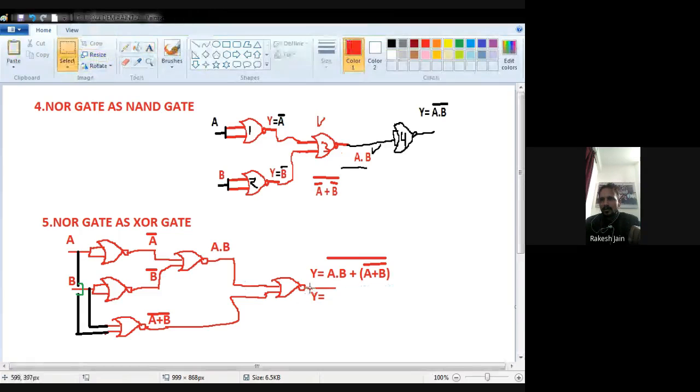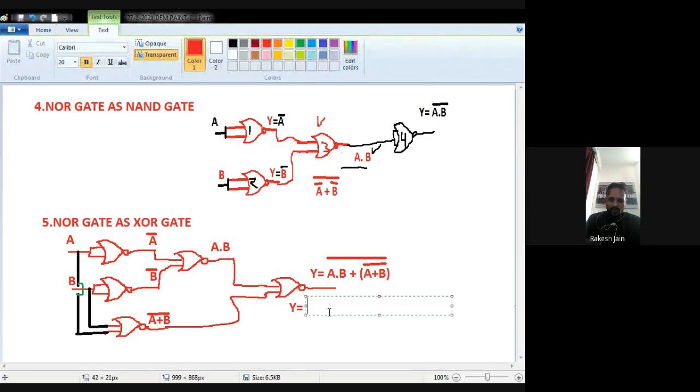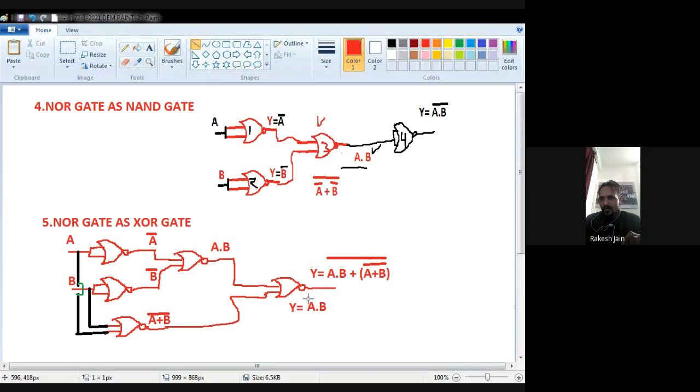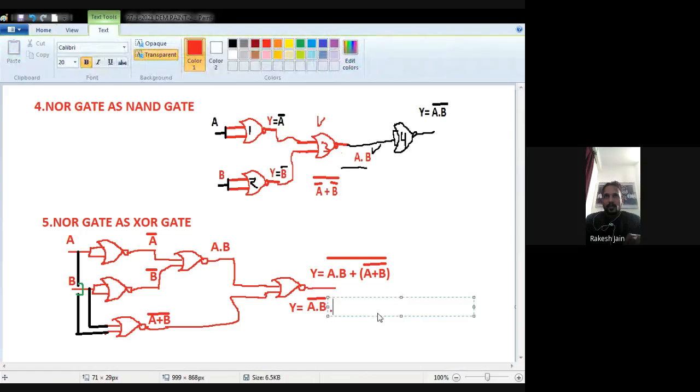So first thing is A dot B, having an individual bar. Then the plus will be converted into dot, the addition will be converted into multiplication.